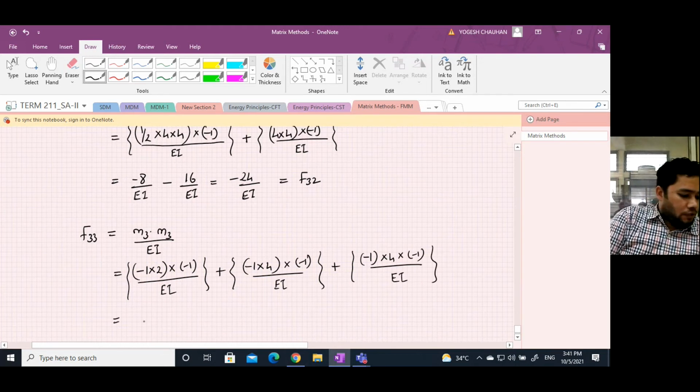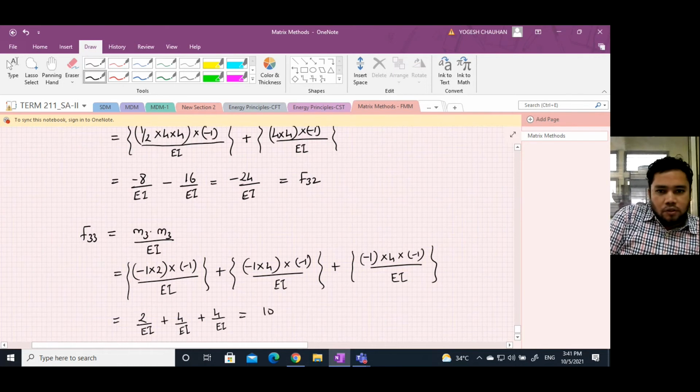So F33 will be equal to 2 by EI plus 4 by EI plus 4 by EI. Total will be 10 by EI.